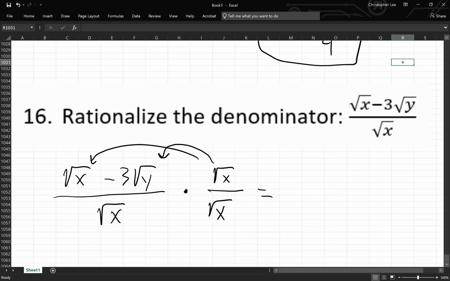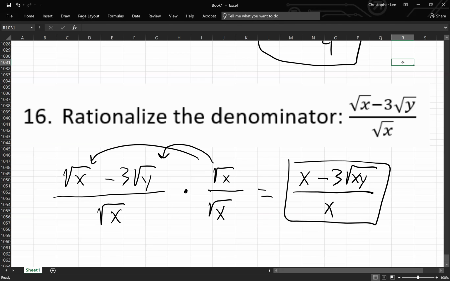Square root x times square root x is just x. Square root x times negative 3 square root y is going to be negative 3 square root xy, all divided by x. That's my answer. I'm done. Questions on that? I don't need to.